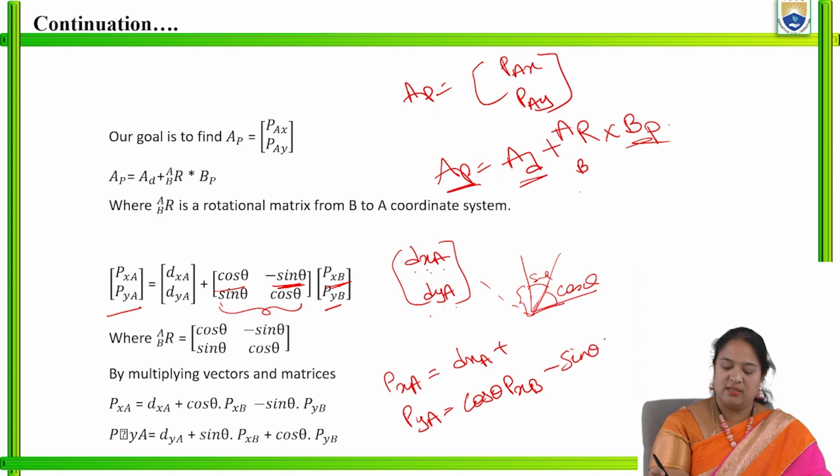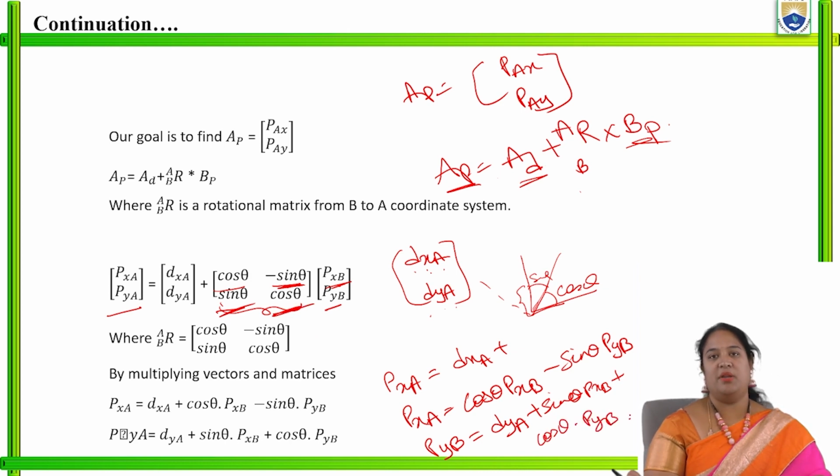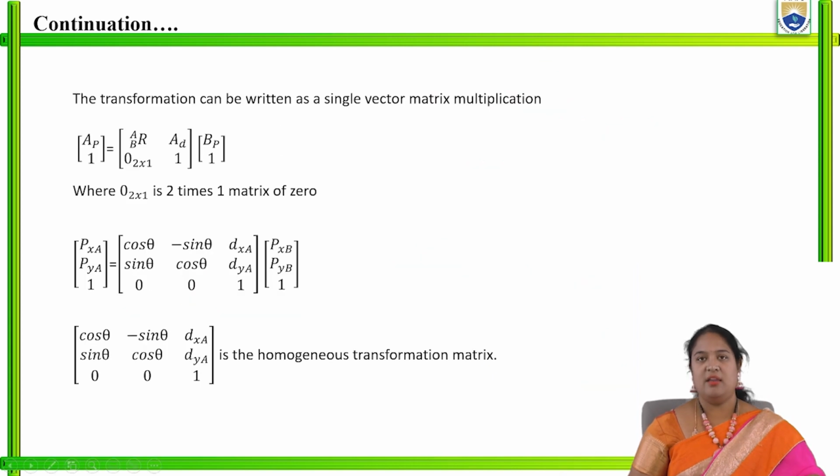Next, for Pya, we get dya plus sin theta into Pxb plus cos theta into Pyb. In this form, we write the equation.